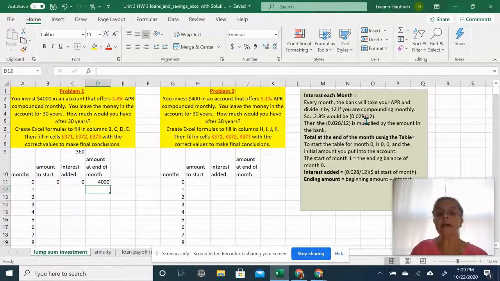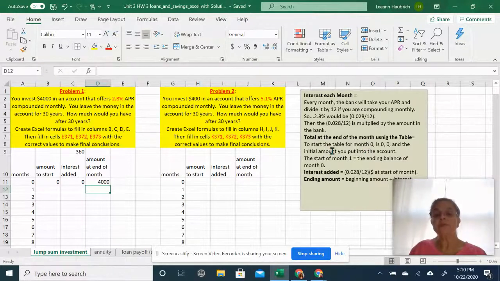0.028 divided by 12. Then, to get the amount of interest earned, the interest would be multiplied by the amount currently in the bank. And then at the end of the month, it would be the amount in the account plus the interest.